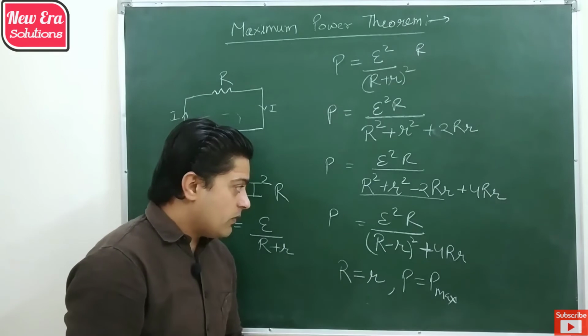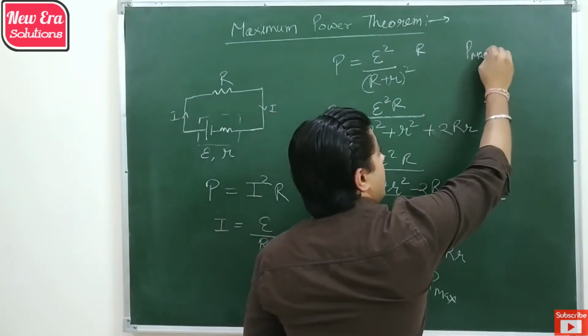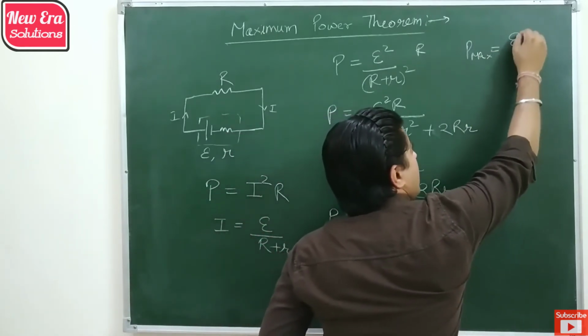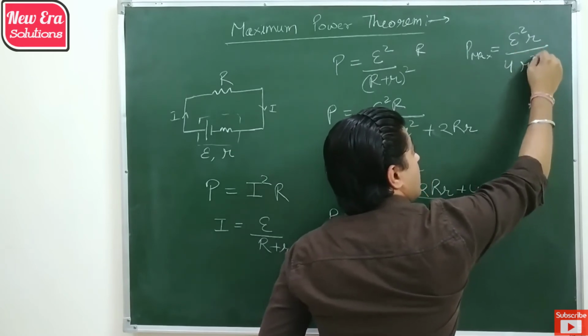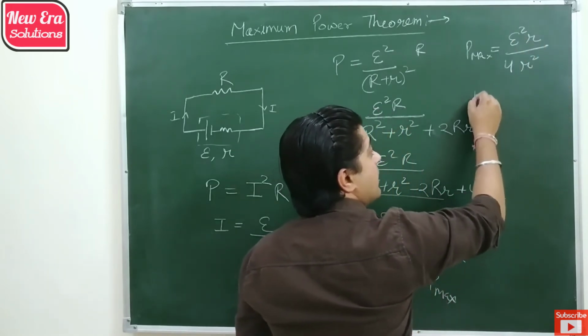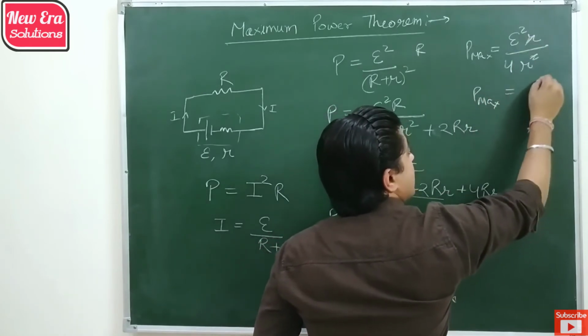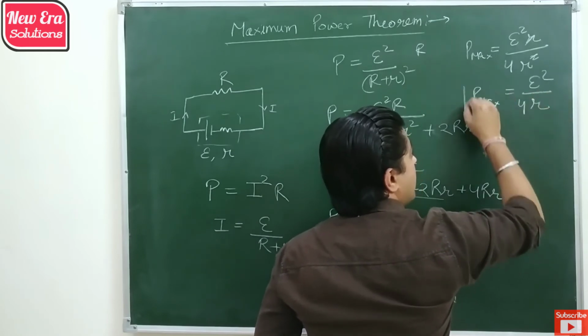By putting that value in the above case, we get the maximum power delivered by the cell is EMF square into small r upon 4R square. So one R is cancelled out. So the maximum power delivered by the cell is equal to EMF square by R multiplied by 4.